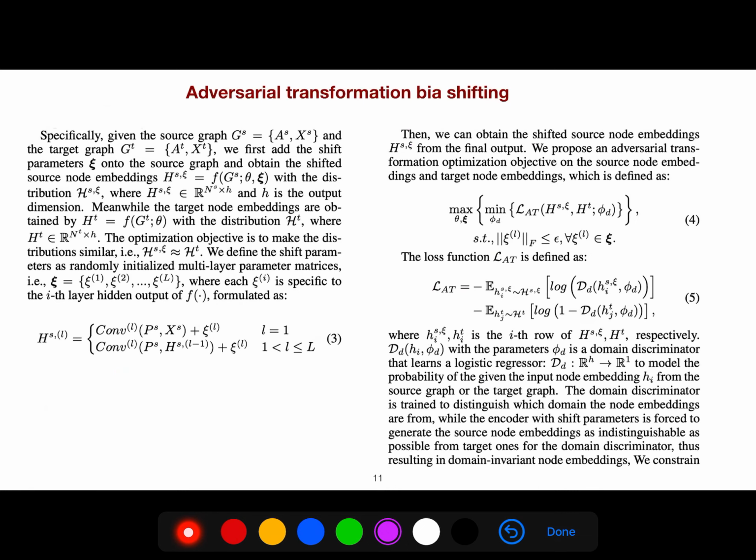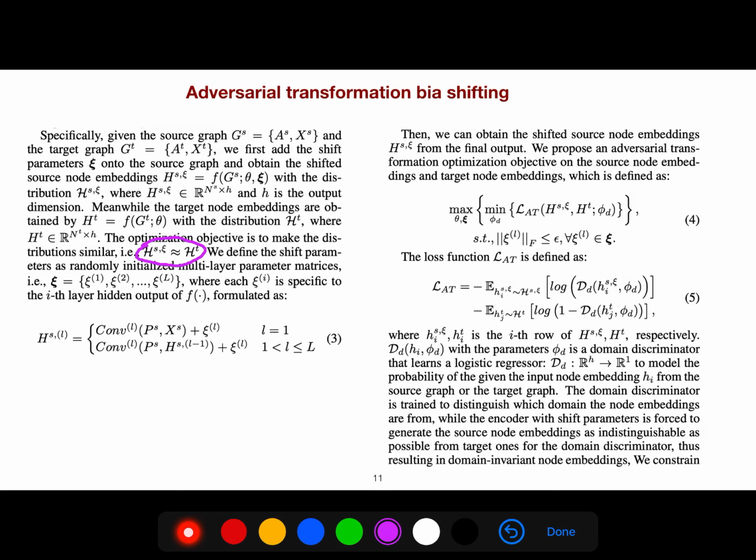So given the source graph and the target graph, we first add the shift parameters to the source graph and obtain the shifted source node embeddings with the distribution H, S, and C. And H is the output function. So the optimization is to make the distribution similar to the target.